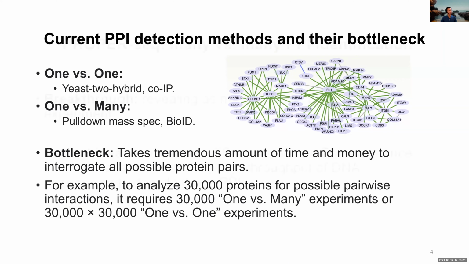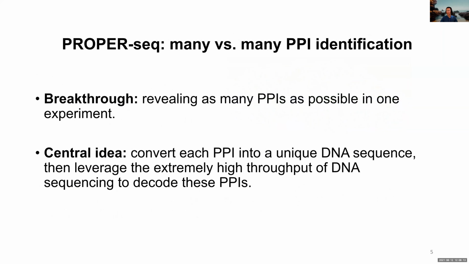So Kara Johnson's PhD thesis project is to develop a many-to-many protein-protein interaction identification technology that hopefully would simultaneously reveal as many protein-protein interactions as possible in one experiment.